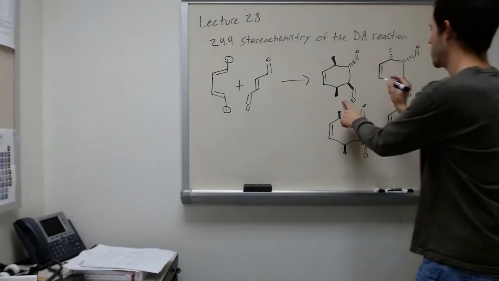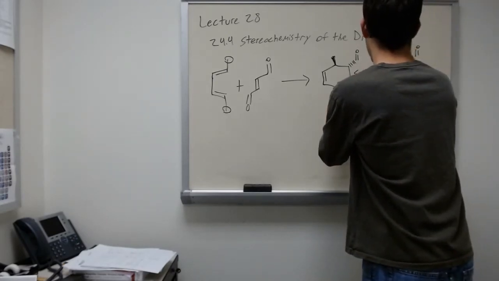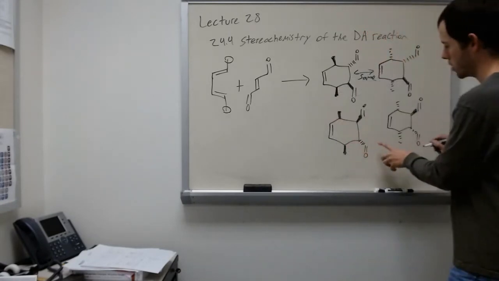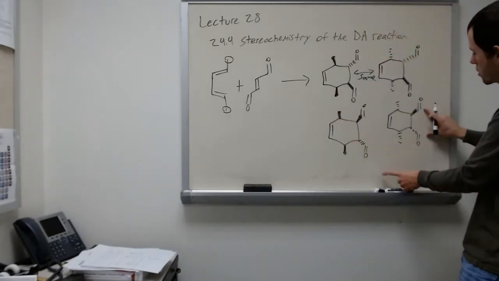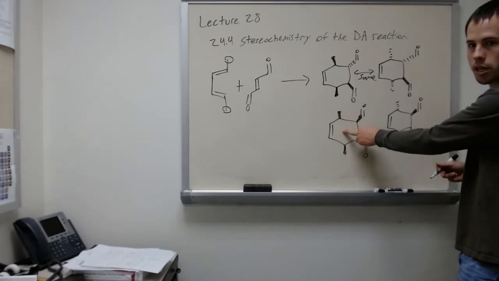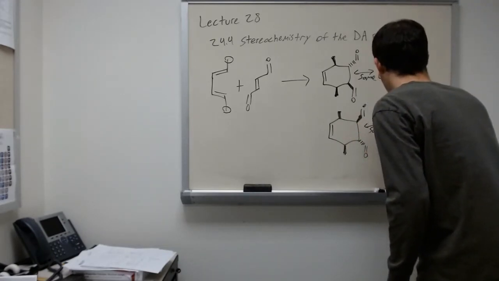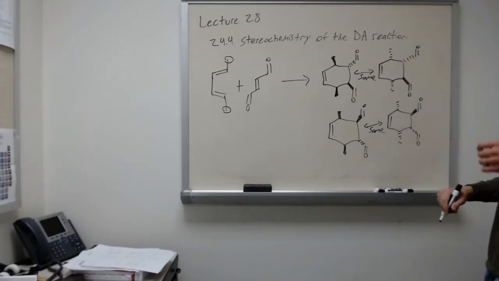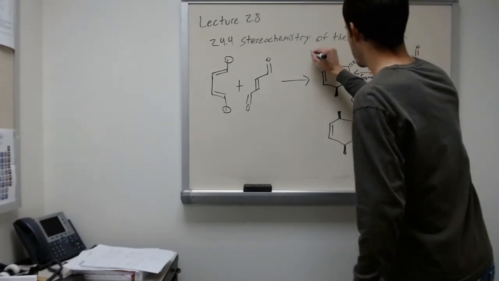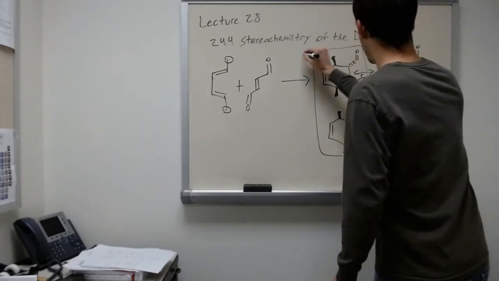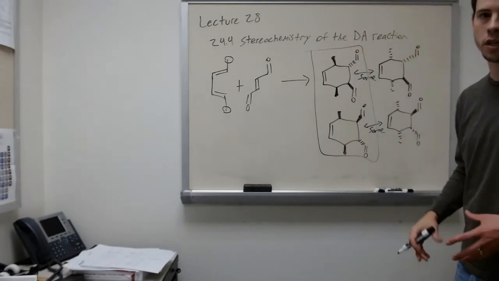So these two compounds are the same. And the same thing down here. If I take this compound and flip it over, it's going to be the same thing as this. And so actually, we only get two compounds out of this reaction, which would be these two shown here.